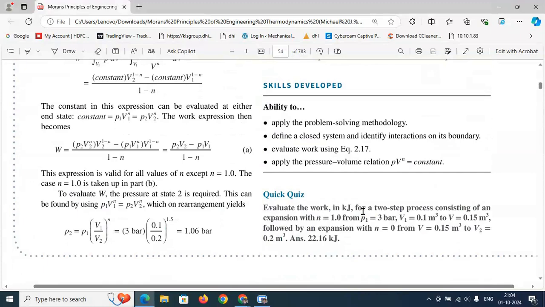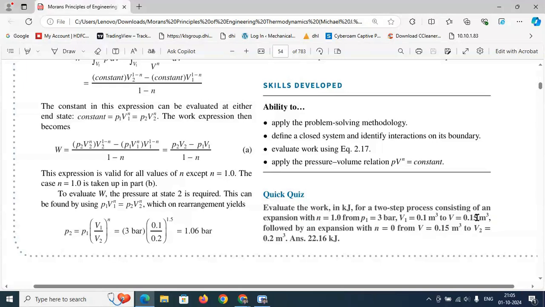Evaluate the work in kilojoules again for a two-step process consisting of expansion with n equals 1. See, now we have seen only the 1 to 2 process. If it is having 1 to 2 and 2 to 3, two processes are there. Consider n as 1, from P1 3 bar same, V1 0.1 meter cube same, to V. You see here, for the first process V1 to V, 0.15 meter cube, followed by the next process with n equals 0 from V 0.15.